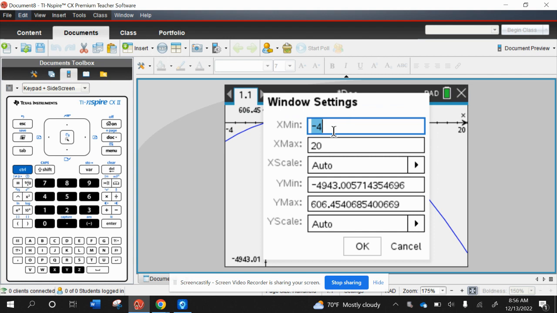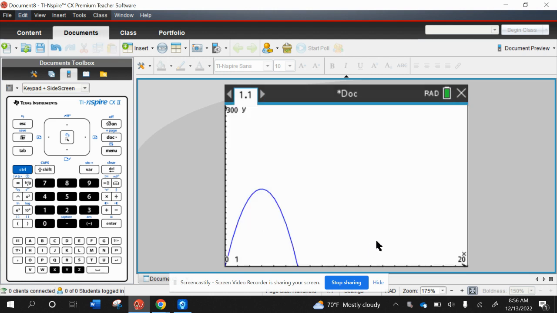Now we can't have negative time, so this has to be 0. The max seems to be okay. Let's count by ones. Okay. The Y min, we can't have negative time. I think 600 is a little high, so let's try 300. And then let's press OK.